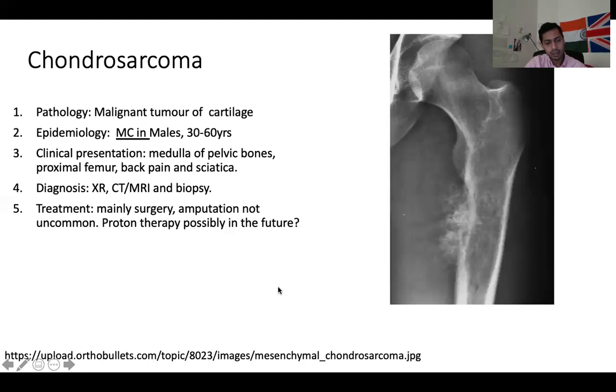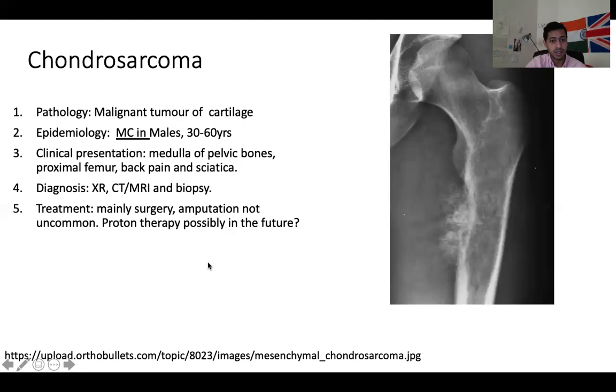There is a possibility for more proton therapy or proton radiation therapy to be used in the future. It's not a common mainstay just because of the expenses involved, but in the future it could be used, as there is an 80% effectiveness rate with proton therapy usage in chondrosarcomas, especially in the young.